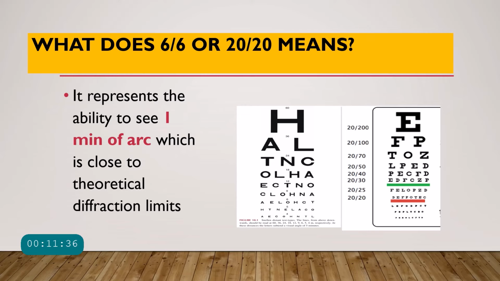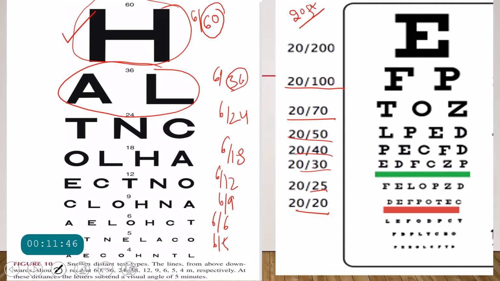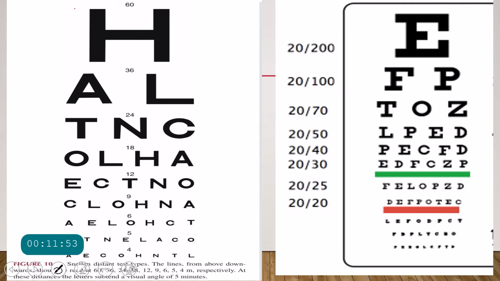So now the question is, what does it mean by 6 by 6 or 20 by 20? Before that, I will tell you what is meant by this notation. Here, in 6 by 60, the topmost line, 60 means that a person who has normal visual acuity will be able to see this line even at 60 meters.